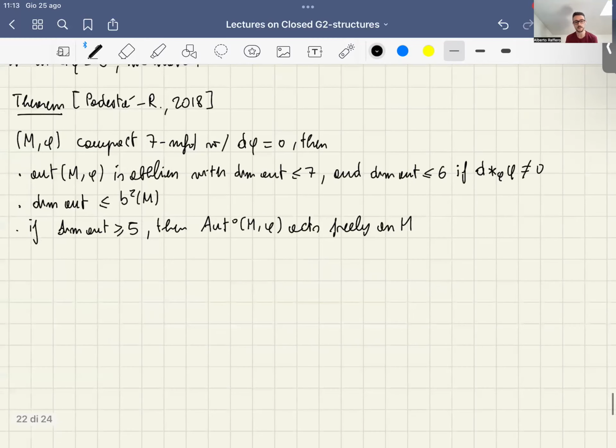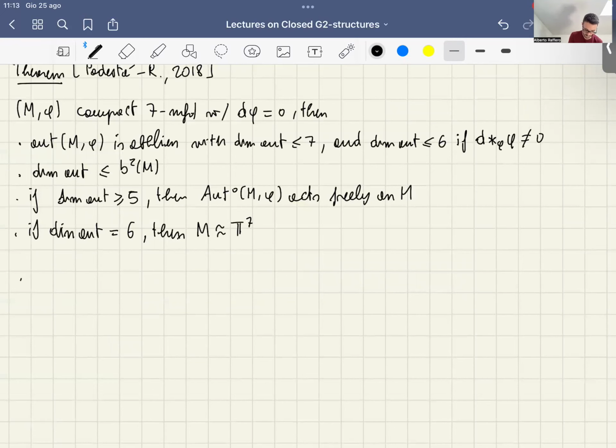So this means that the isotropy at each point of the manifold is trivial. And finally, if the dimension of the Lie algebra of the automorphism group is precisely 6, then the manifold has to be diffeomorphic to the 7-torus.